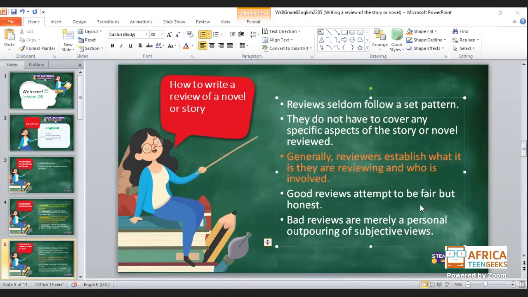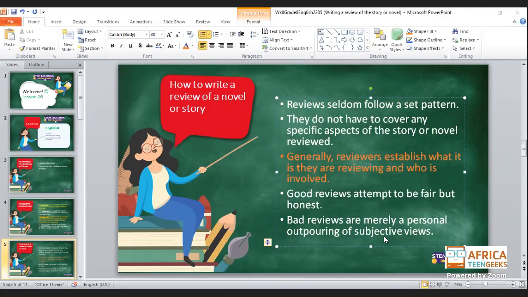Okay. And you should remember that usually when a review is bad, it is merely a personal outpouring of the subjective views of the reviewer. So what this means is that, let's say, we are asking you learners to write a review of a love or a romantic novel, but you are somebody who doesn't like romantic novels. Chances are you will write a bad review simply because you do not like romantic novels.